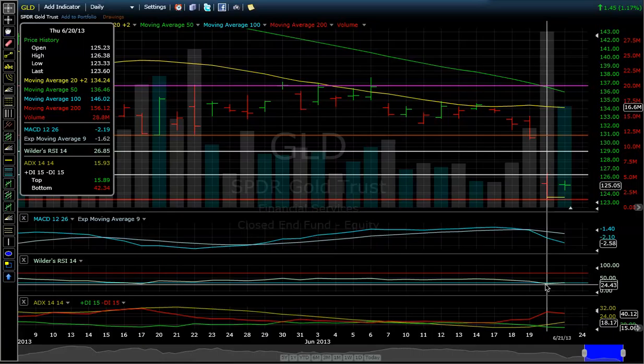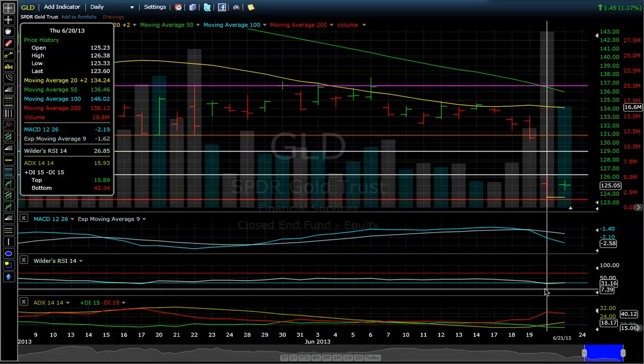If you go down to where it says Wilder RSI 14, you see that number 26.85. That initially makes the stock oversold.